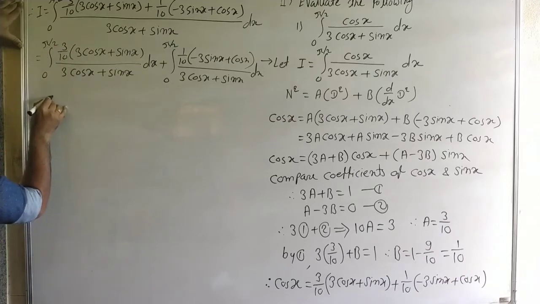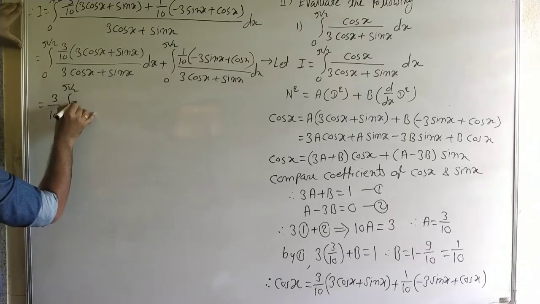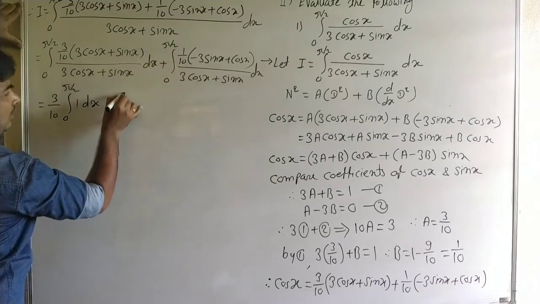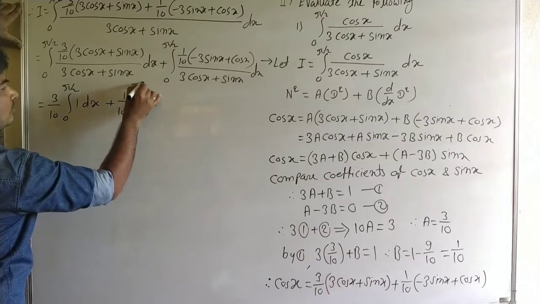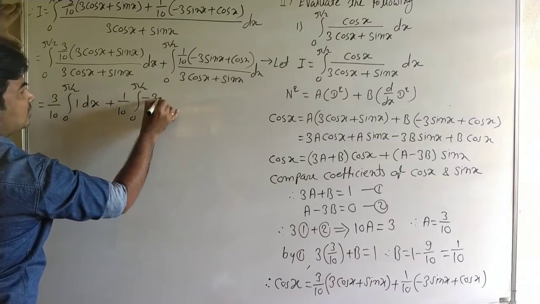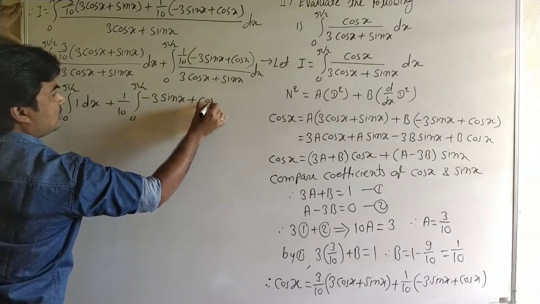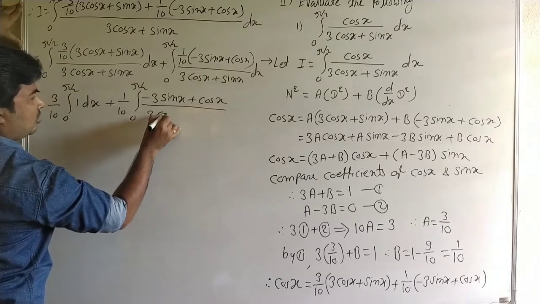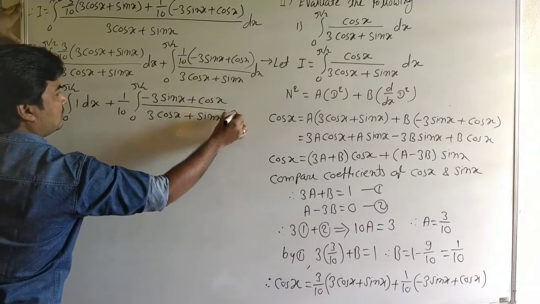3 by 10 is a constant, so take it outside the integral, integral 0 to pi by 2 of 1 dx, or only dx, plus 1 by 10, taken outside the integral, integral 0 to pi by 2 of minus 3 sin x plus cos x upon 3 cos x plus sin x dx.